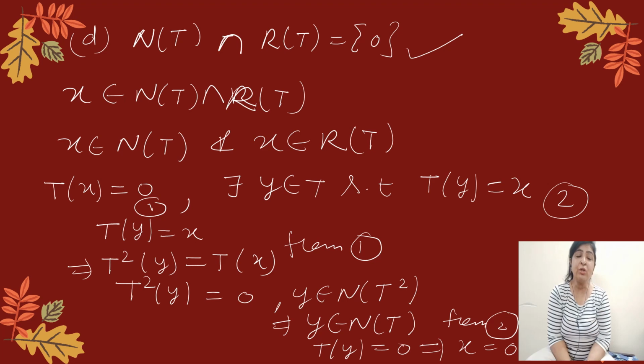By definition, y belongs to nullity of T square. If it belongs to nullity of T square, then it will belong to nullity of T. So again apply the definition, that is T of y is equal to 0. T of y is x, so x is equal to 0. So in this way the D part is correct.